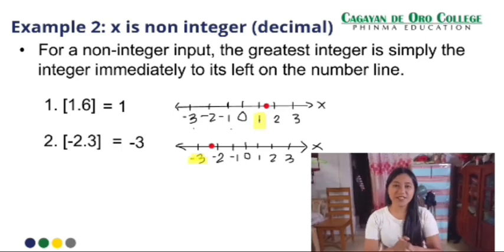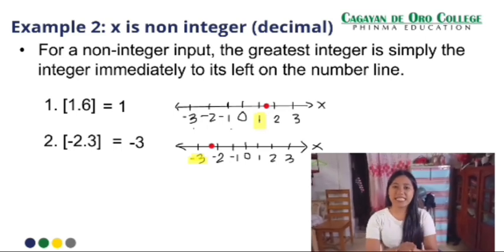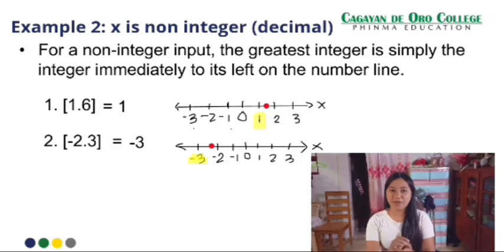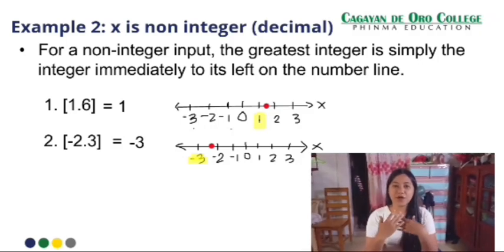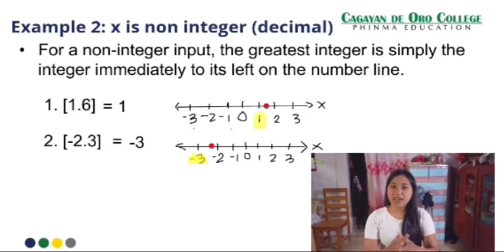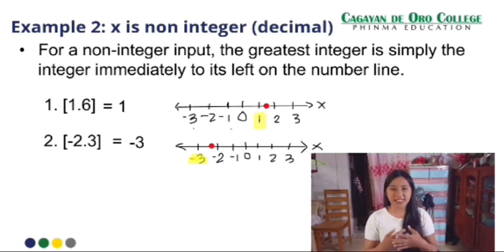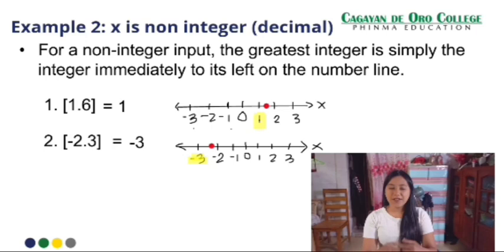So now let's proceed to another example, where x is a non-integer or in decimal form. It states that for a non-integer input, the greatest integer is simply the integer immediately to its left on the number line. For example, we have here an input of 1.6.